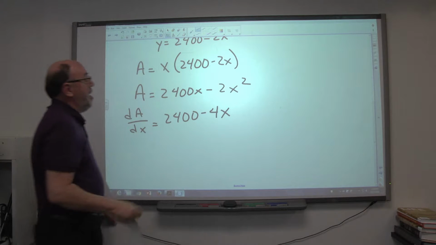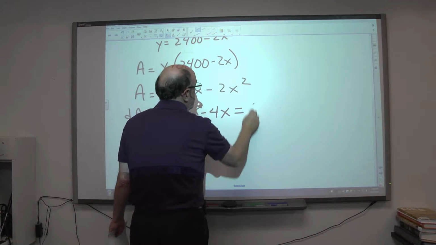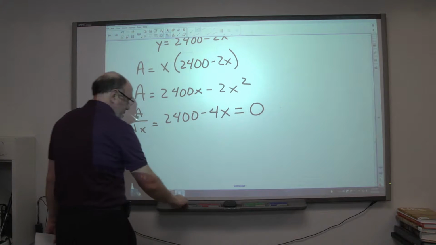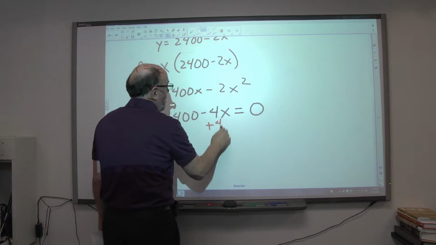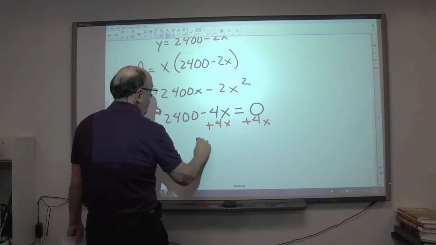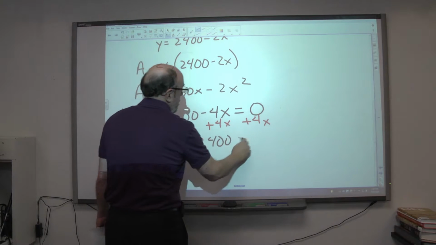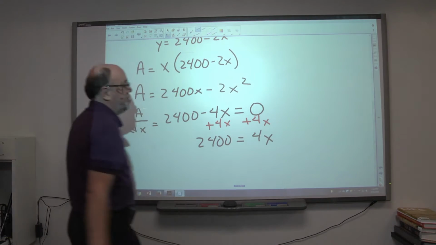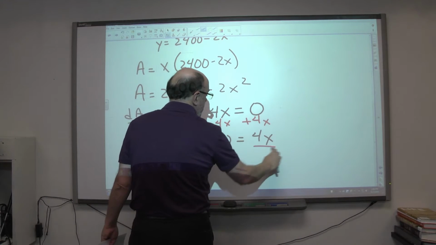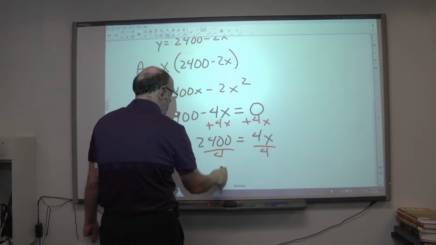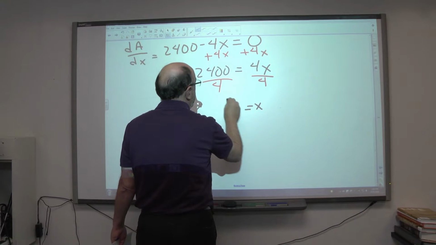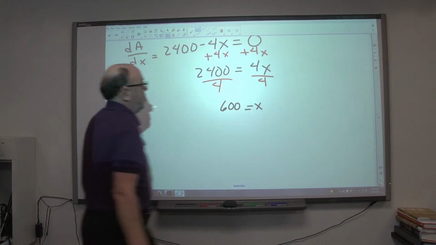We then take that and set it equal to 0. And now we want to solve this for x. So we'll bring the 4x to the other side. And so 2,400 is equal to 4x. The opposite of multiplying is to divide, so we divide by 4. And we get that x is going to be 600.